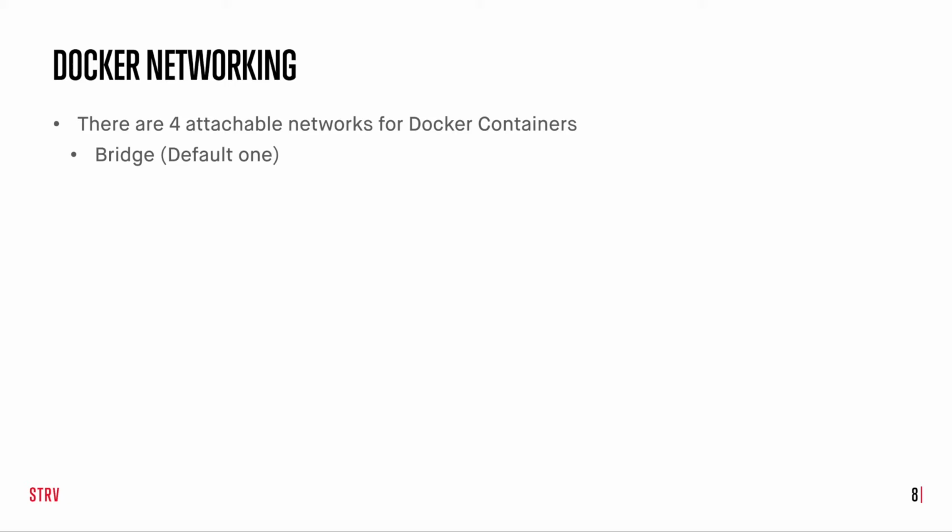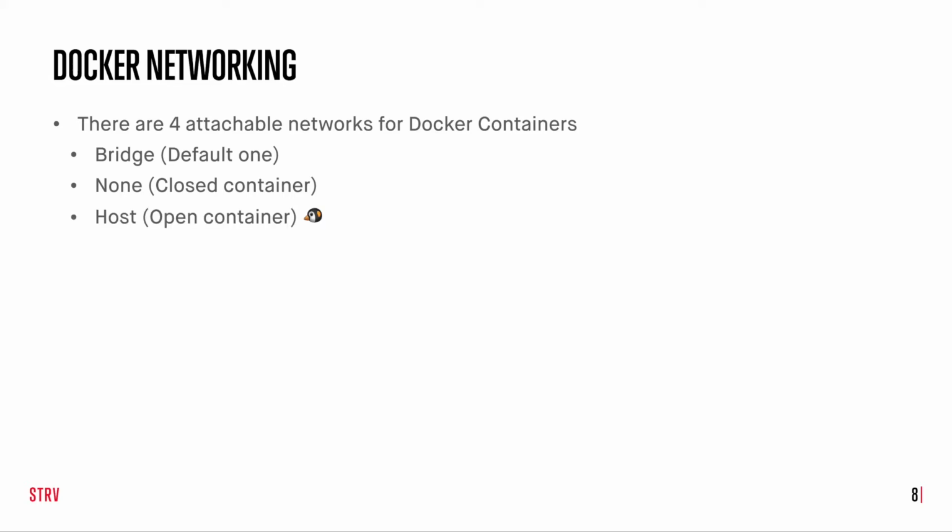But you can also create your custom bridge networks. You can obviously have multiple networks in your Docker environment to keep your containers separated. Then the other network type is called none, and it basically just isolates your container from all networking.